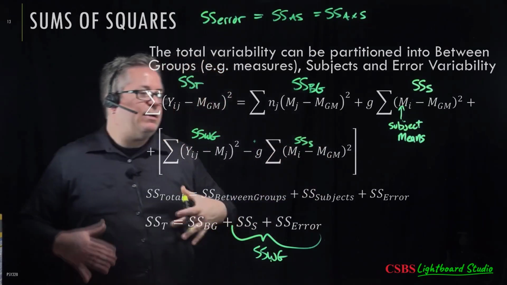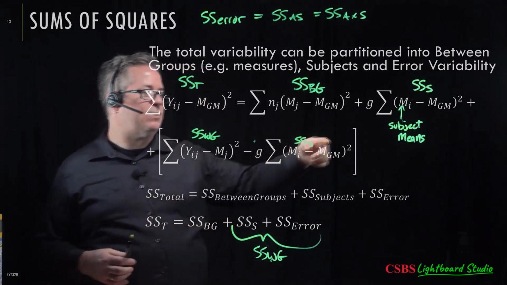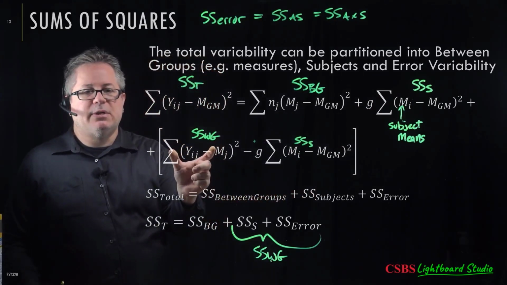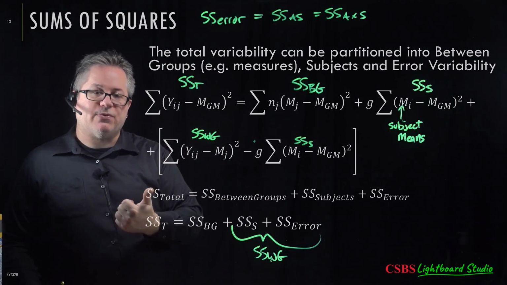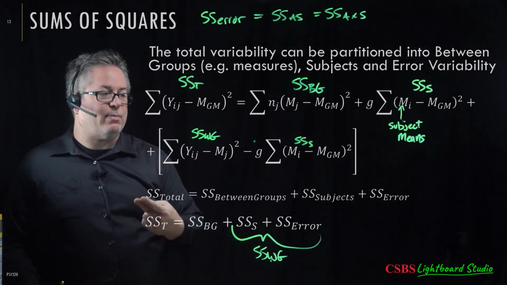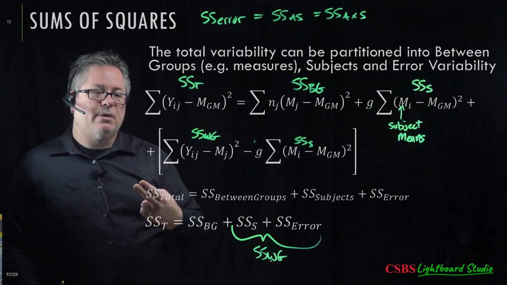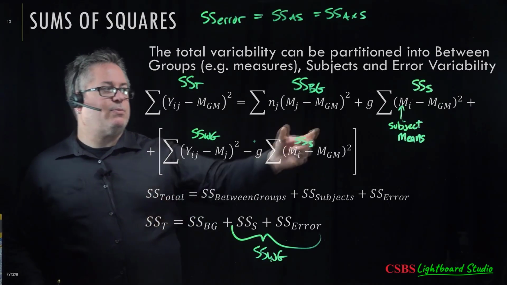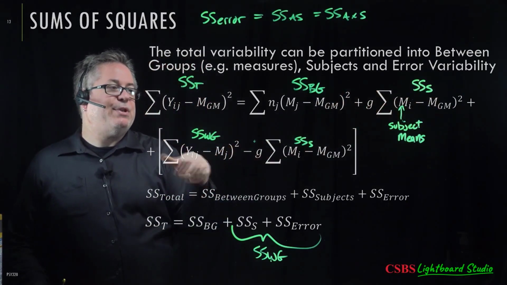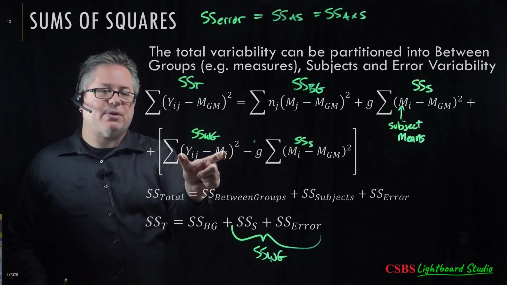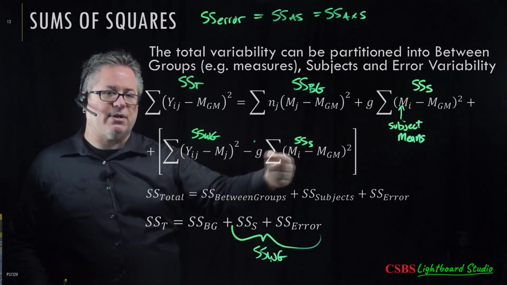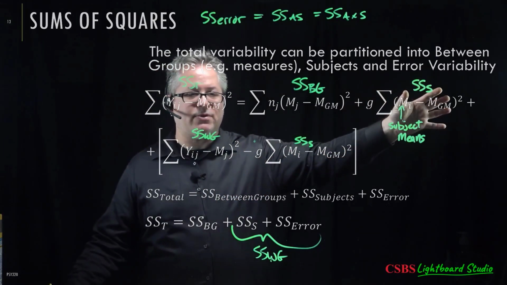And again, you may be compelled to want to cancel things out. But the reason this is here is because the sum of squares within groups contains both a sum of squares for S and a sum of squares for error combined. So having the sum of squares for subject already, if I look at the sum of squares within groups, I actually have another sum of squares for subject sitting there. I don't want two of them, so I'm going to subtract it out to get rid of it, so I only have one sum of squares for subject.